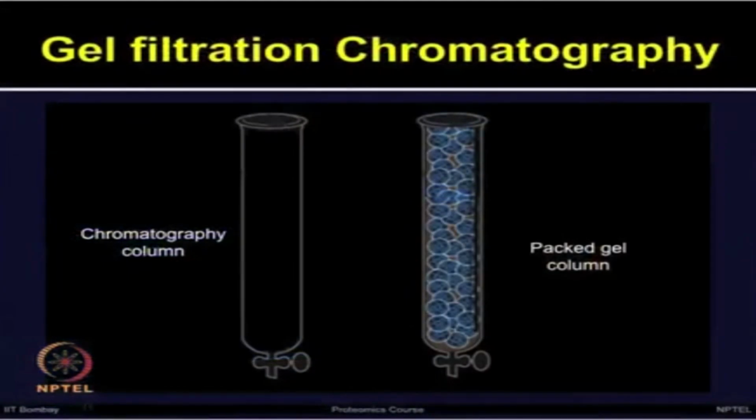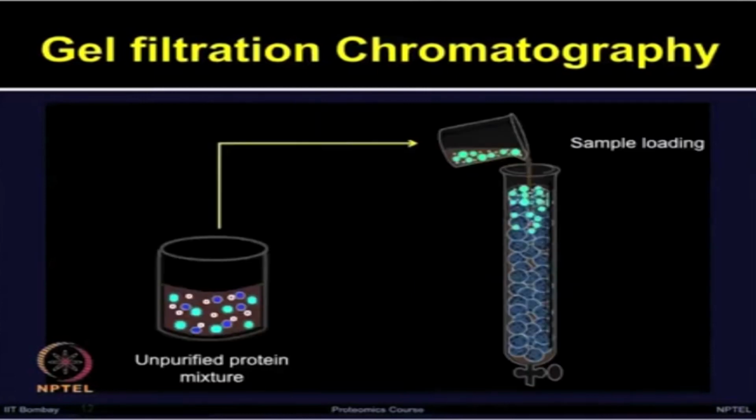The gel filtration column is composed of porous beads which are made from polyacrylamide, dextran or agarose. These columns are packed with the hydrated porous gel matrix. The protein sample, which contains a mixture of unpurified proteins of different size, is then loaded on these columns.